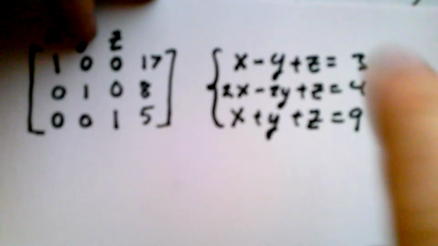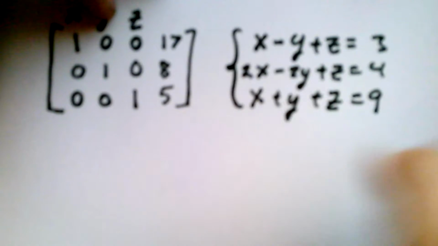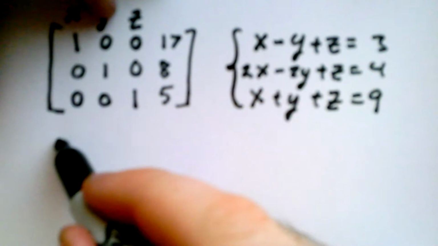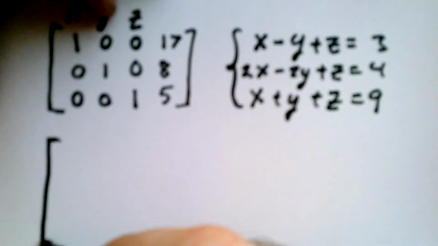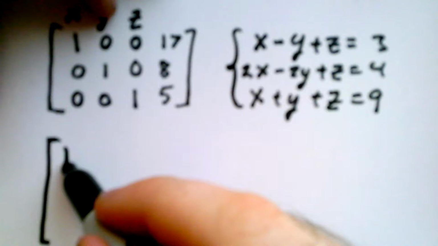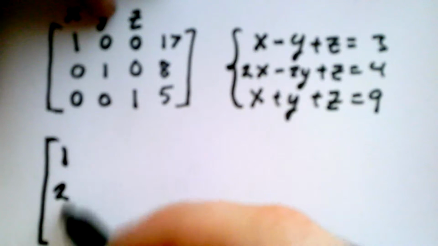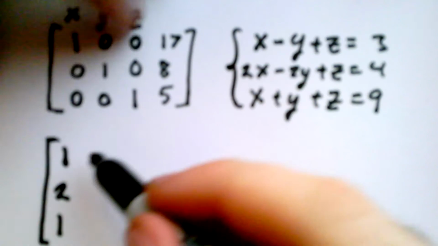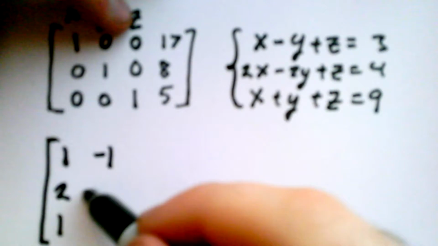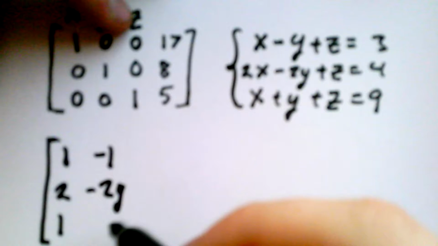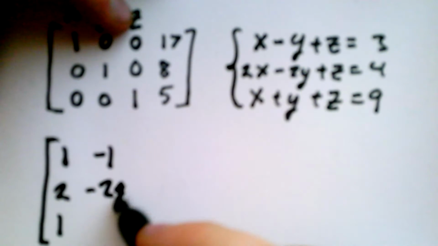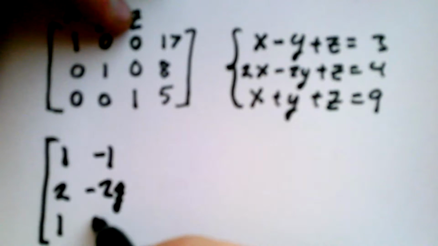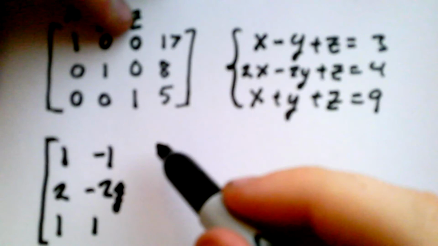From this system, we get this matrix. We have 1x, 2x, and 1x as our first column. Then we have negative 1y, negative 2y, and 1y as our second column.